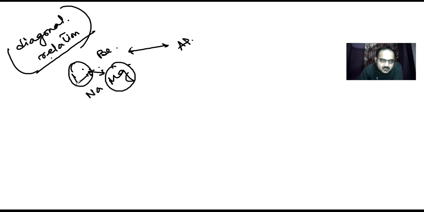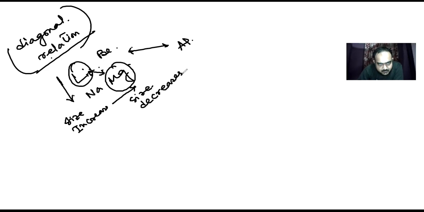Why? Because while going from lithium to sodium, size increases. But while going from left to right, size decreases. So what happens? These sizes become identical and their electronegativity becomes identical.